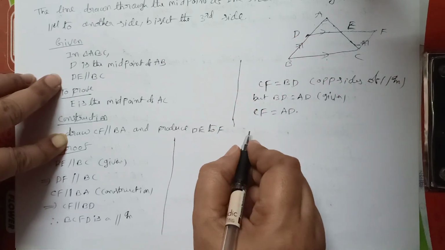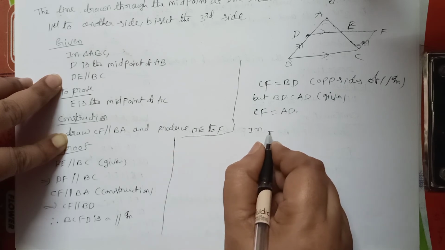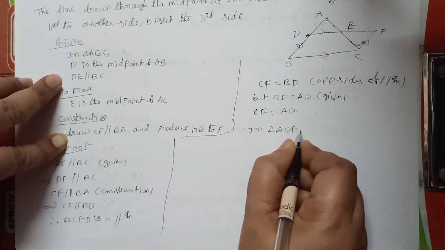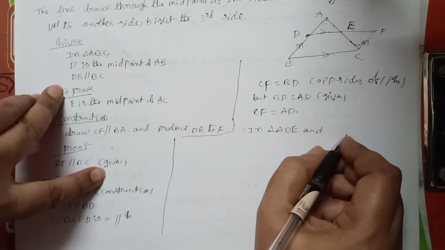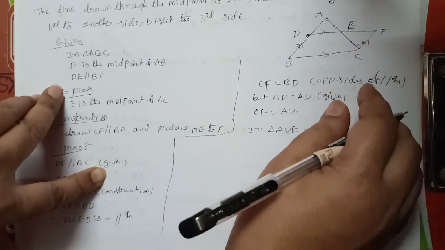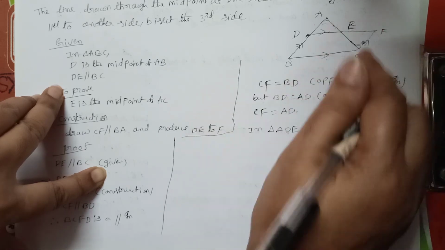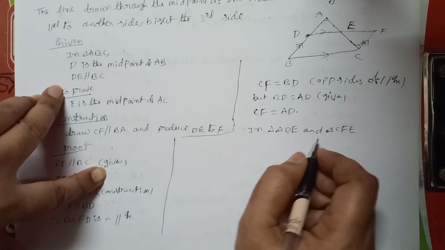So consider triangles ADE and CFE. What are the three equal parts?